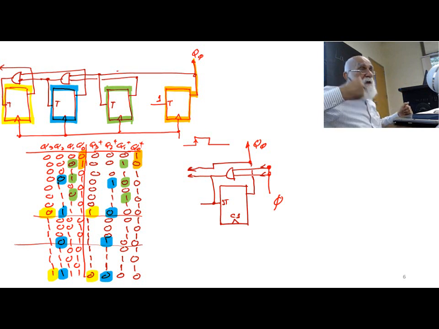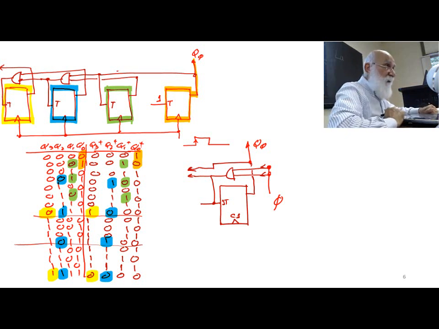What it means is, whatever you clock it, it's not going to change. Okay? And therefore, I am using this as an enable for my counter. Okay, that's one thing.